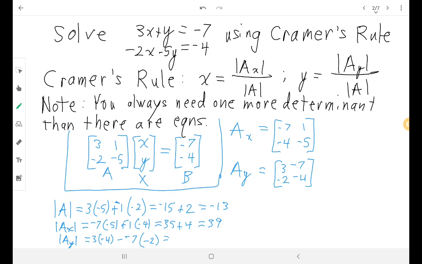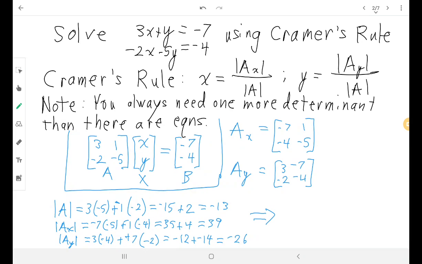Let's change that. Minus becomes plus, the opposite. So it goes to plus positive 7 times -2. And that'll be -12 plus -14, which is -26.